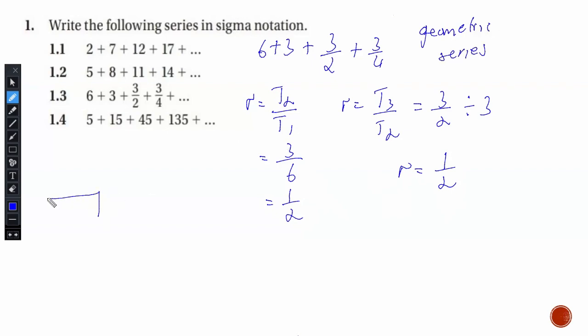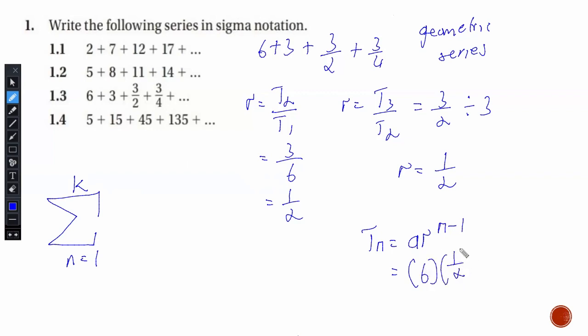So again, our sigma notation, n is starting from 1 and then ending at a k value there. And then here we have to indicate our general term in the format ar to the exponent of n minus 1. Our a value is 6, and then our r value is 1 over 2. Then n minus 1. Now there's nothing that we can do for this one. We can't write 6 in terms of any exponents, so we're just simply going to leave it like that.